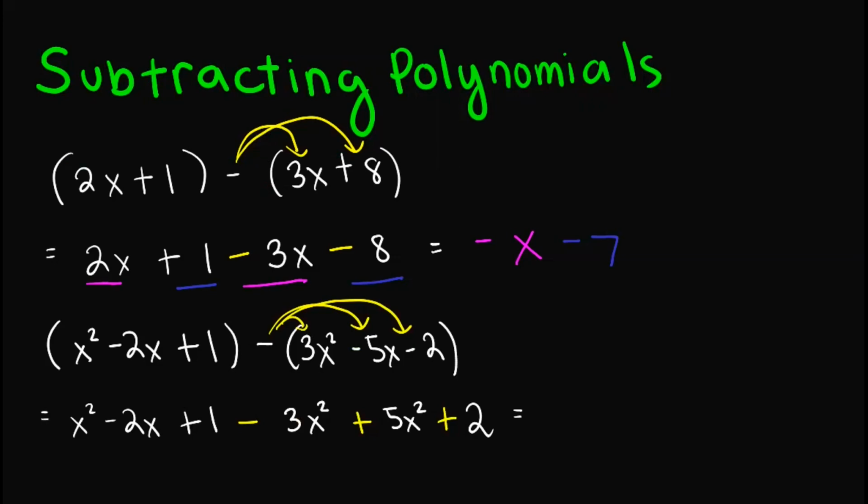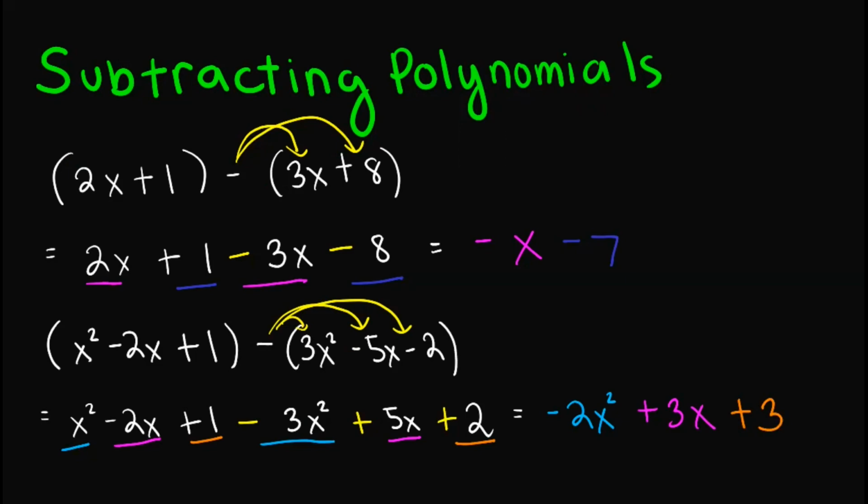So first we have x squared and negative 3x squared. That would become negative 2x squared. Then negative 2x, this one is just x, negative 2x and 5x, that would become 3x, and lastly we have 1 plus 2, or simply plus 3, and that is the answer for this example.